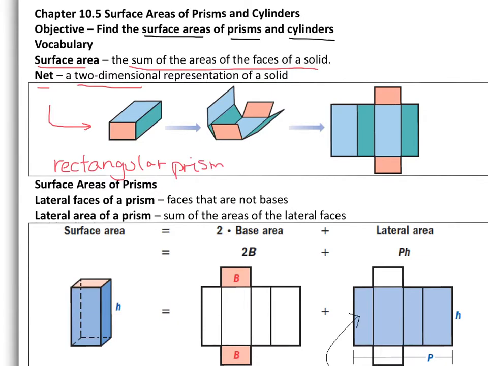And if we take the net of this rectangular prism apart, we would get 1, 2, 3, 4, 5, 6 rectangles. And to calculate the surface area, we would have to find the area of all these individual rectangles.